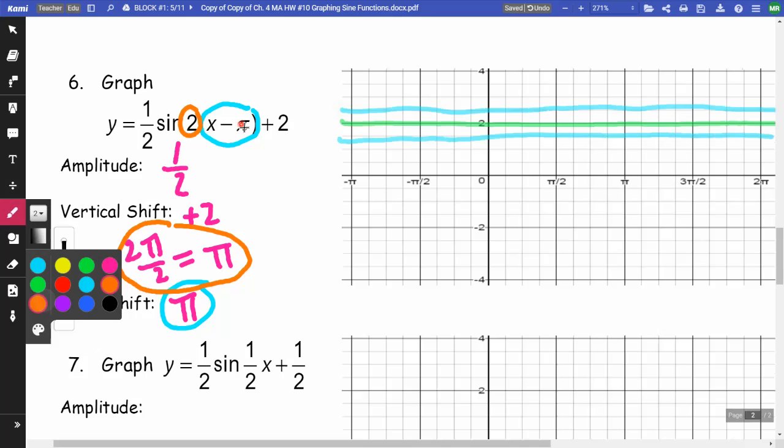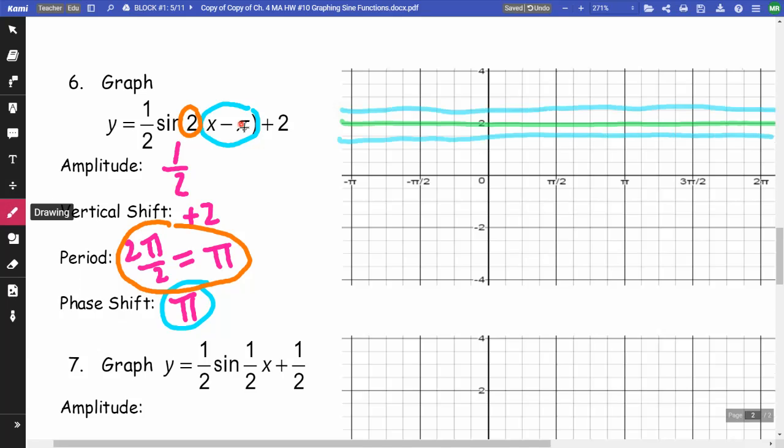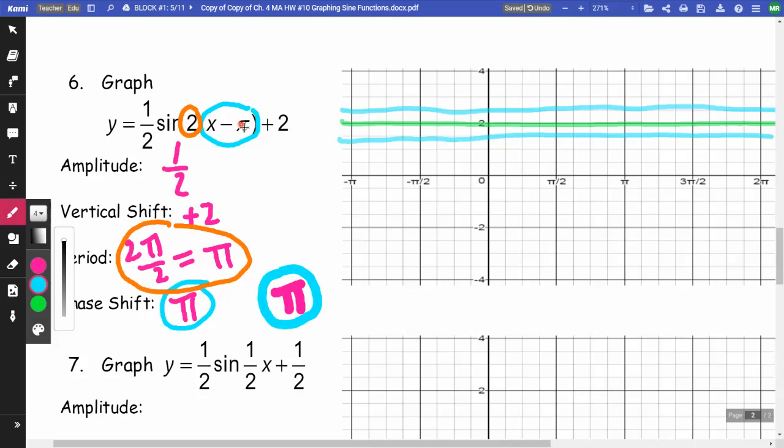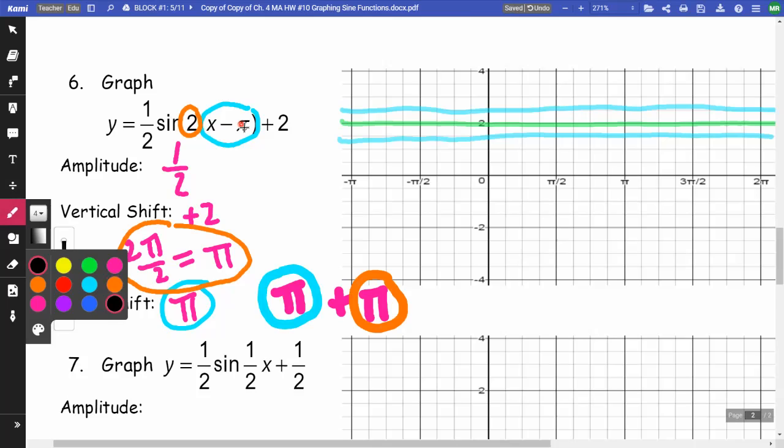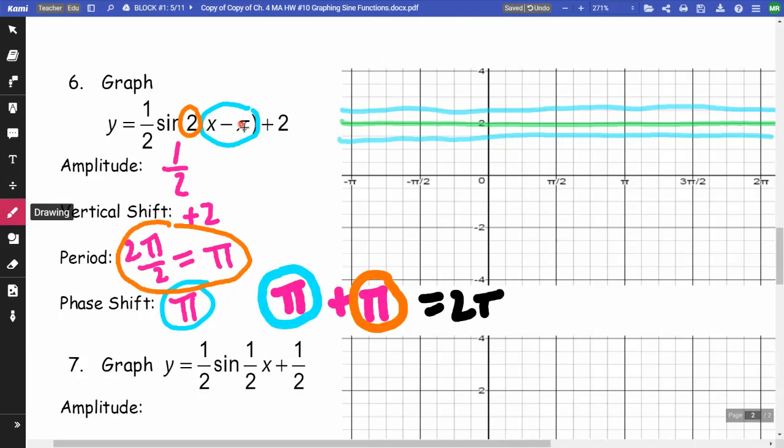And then in terms of my points, I got to figure out where I'm starting and stopping. I'm starting at pi. And again, the pi I'm starting at is that pi from my phase shift. I am going to be adding pi on, and that pi is my period. And I am going to end up at 2 pi.